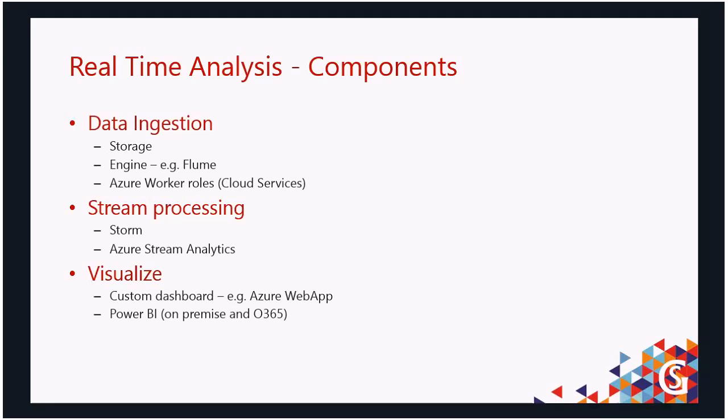A common open source engine for streaming in data is Apache Flume. However, the same thing can be accomplished with some coding and development effort using Azure Cloud Services or worker roles. For stream processing, there is something like Storm available from Apache and open source.